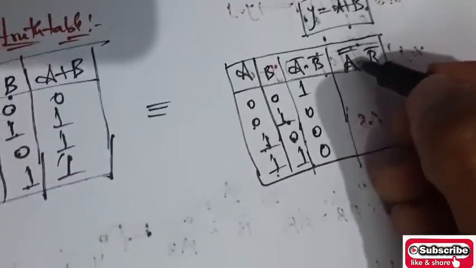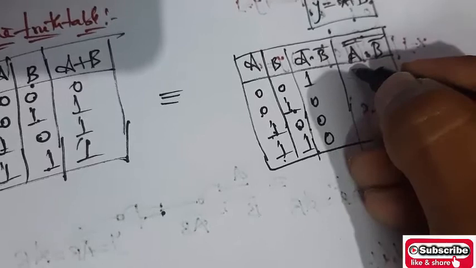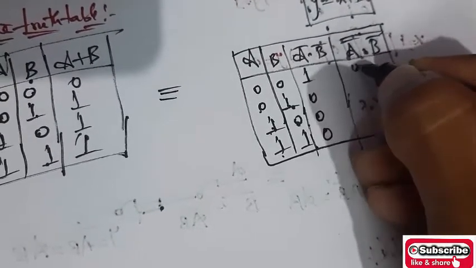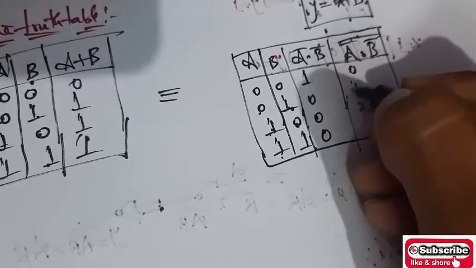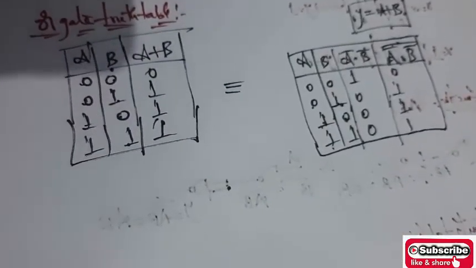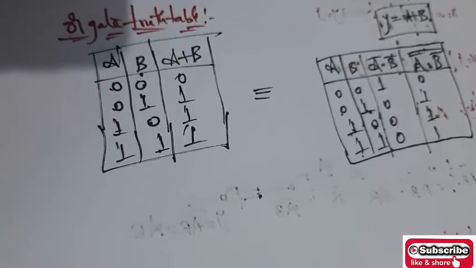Here we can apply another time complement. 1 can be converted to 0, 0 can be converted to 1, 0 can be converted to 1. In this way we can implement the OR function in terms of NAND gate.